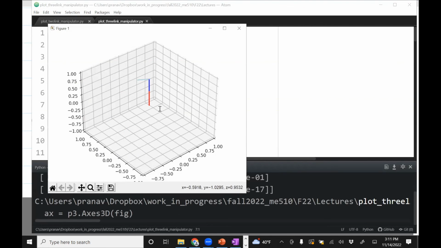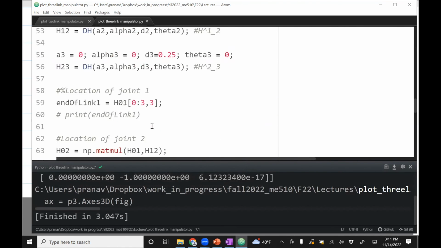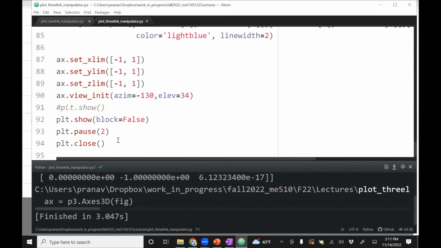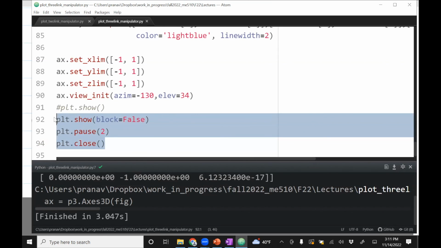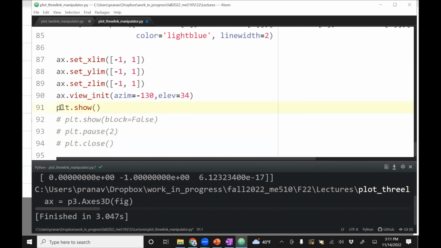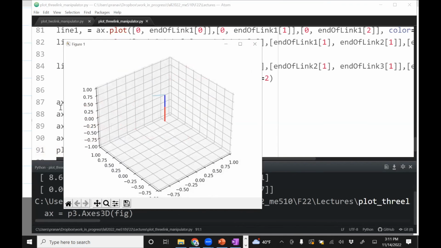Okay, so a 3D plot, and let me just pause it. Okay, so 3 links, red, blue, and green.